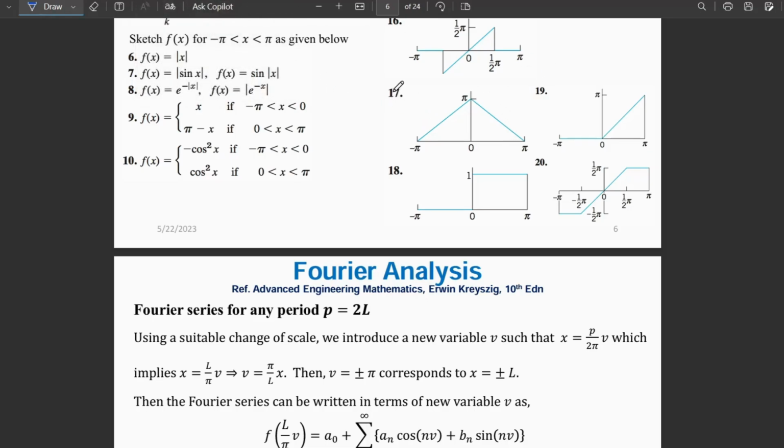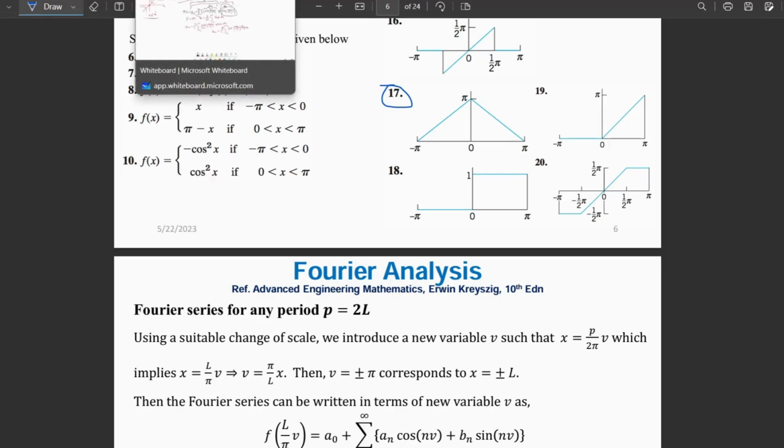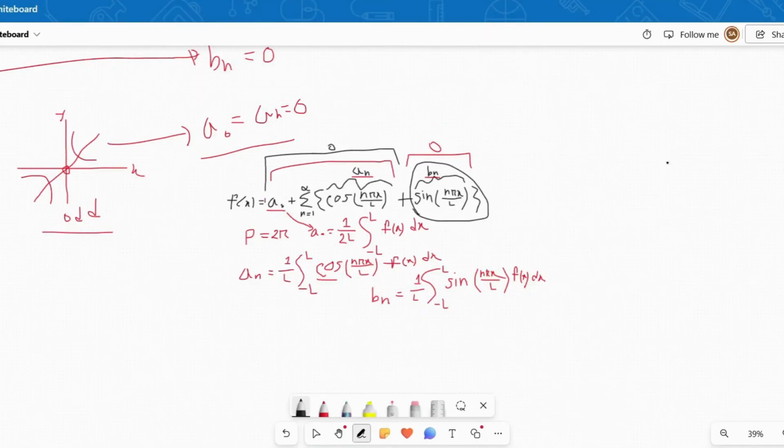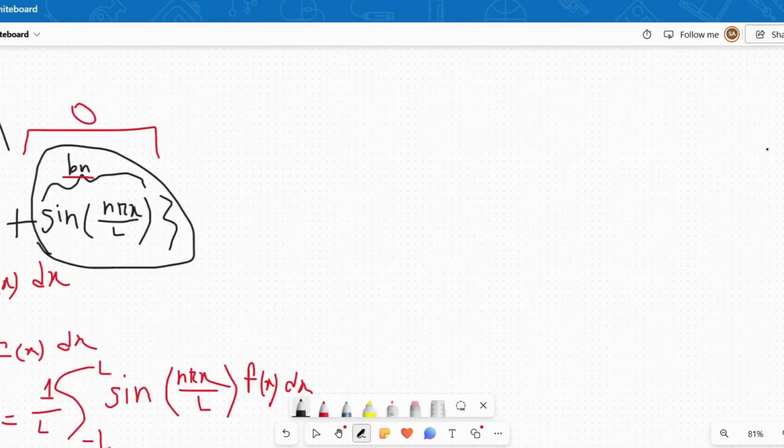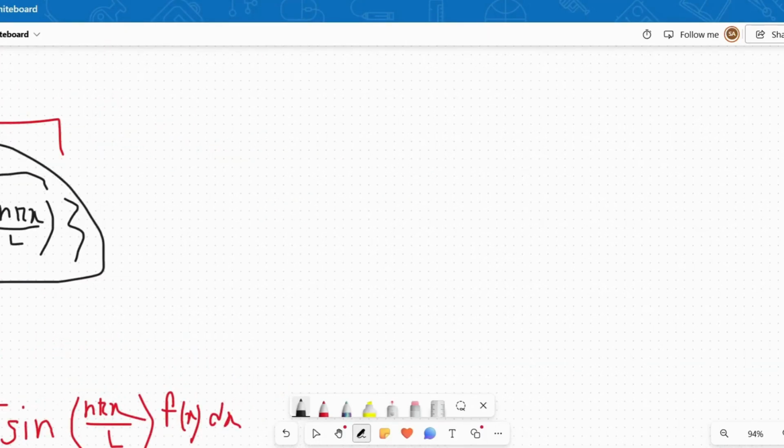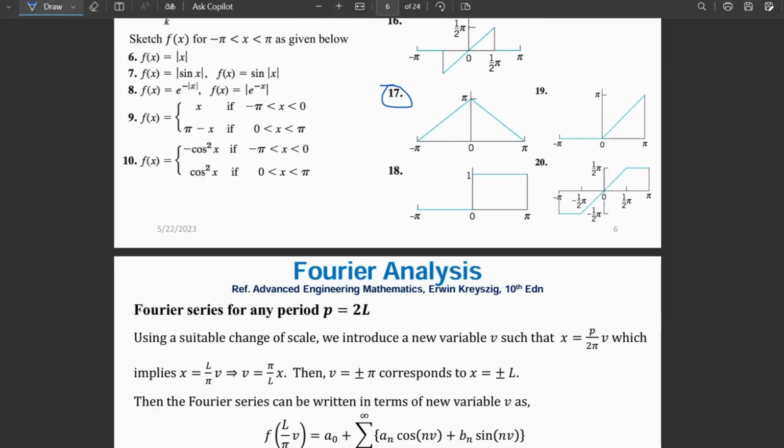From this graph, can you tell me if this is an even or odd function? Those who answered, I must say you have cleared your concept, because in the previous minute I already talked about that. This is an even function because it's symmetric about the y-axis.